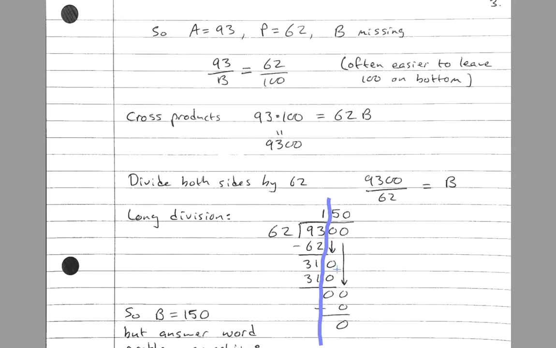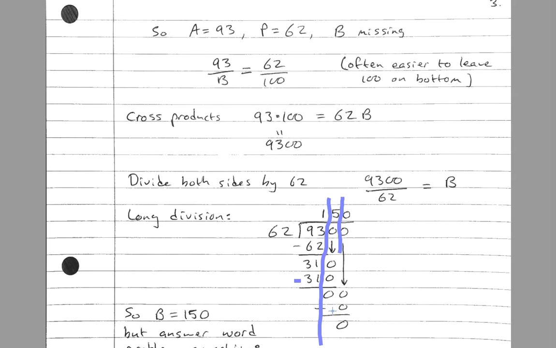Bring down the 0. 62 into 310. You can check by multiplying a few 62s together, but 62 times 5 is exactly 310. So subtract it, you get 0. And so the answer is 15.